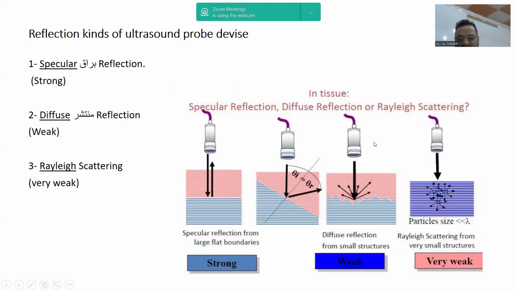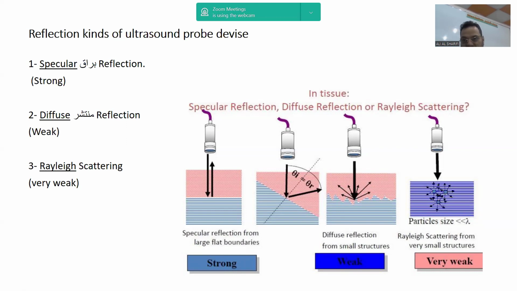Here we have three situations, three kinds of reflection of the ultrasound probe device. The first one is the stronger one. Why? Because of, let me say, a whiteboard or just a flat boundary like that.